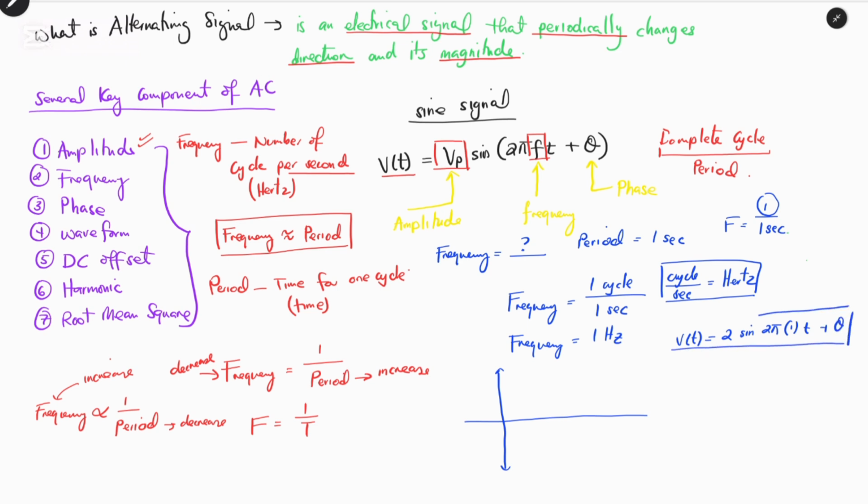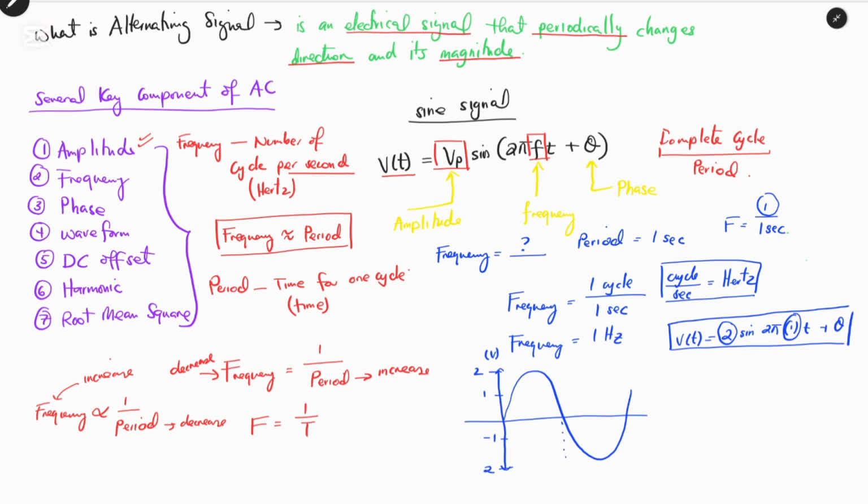So what we are interested in plotting is the amplitude and the frequency. If we plot a sinusoid like this, we have 1, 2, and in terms of volts, it will be -1 and 2.